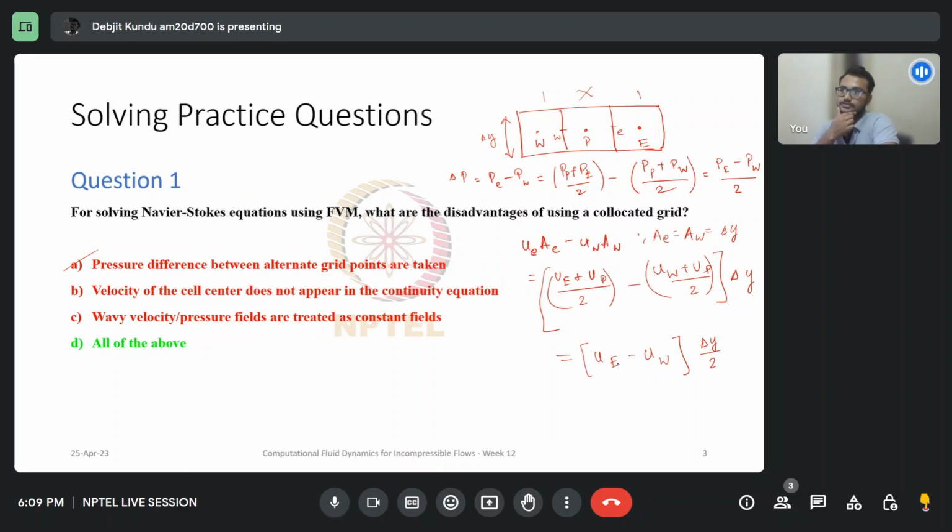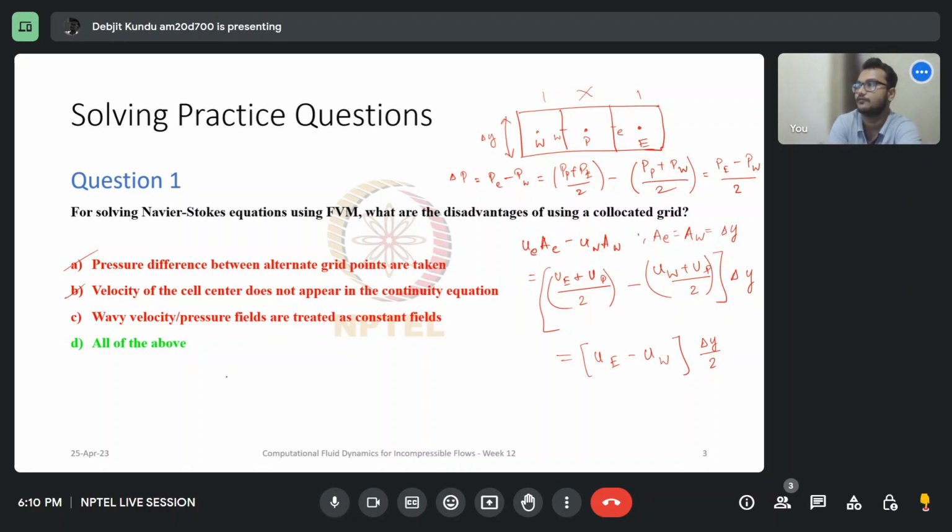So here also you can see that in the continuity equation, when we are solving for the cell P, the velocity at P or any of its faces don't appear. The velocity at the two adjacent cells only come into the continuity equation. So that is also not a desirable thing to be happening.